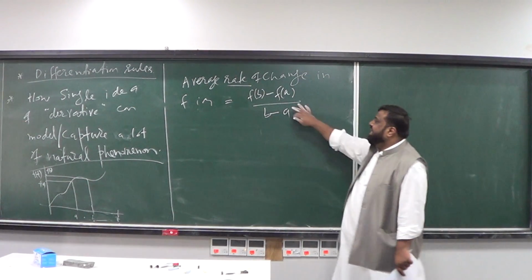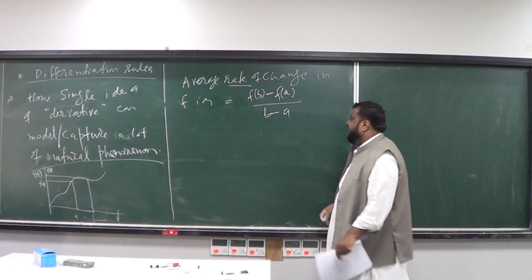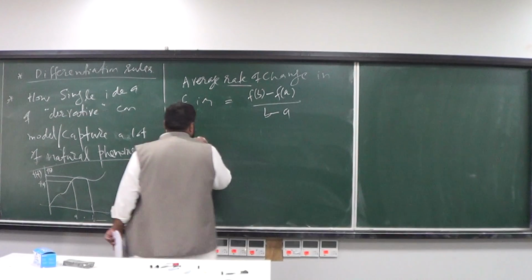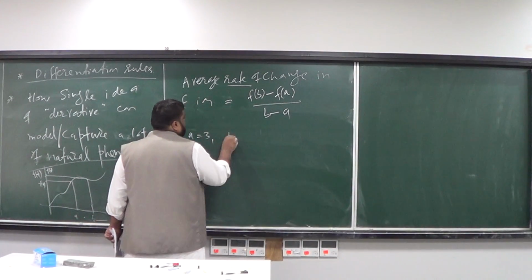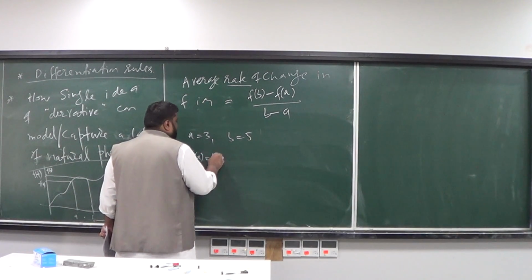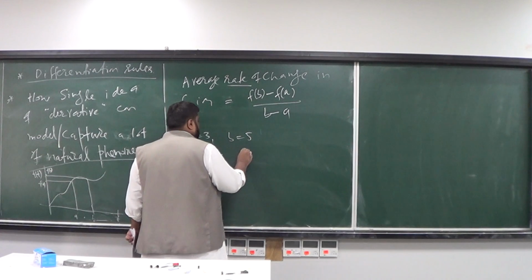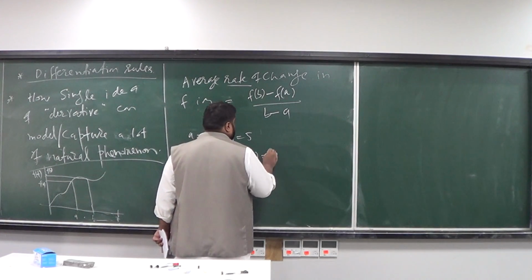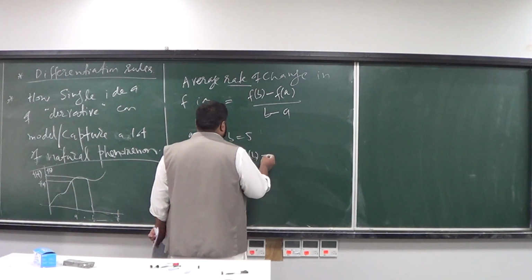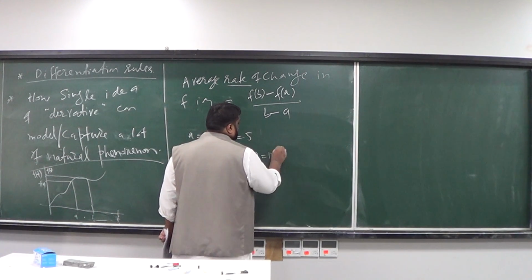Now, what would be the interpretation of it? How to read it? For example, if I give a and b some numbers. So a is say 3 months and b is say 5 months, and f of a is say $10,000, so $10K, and f of b represents maybe $18K.